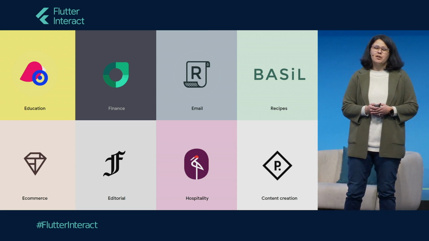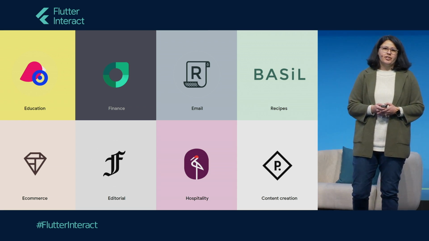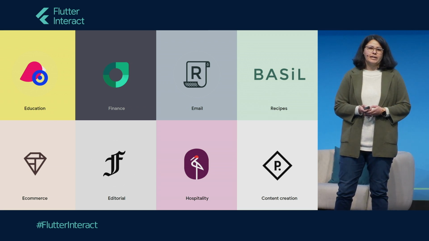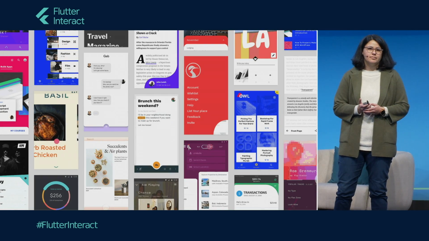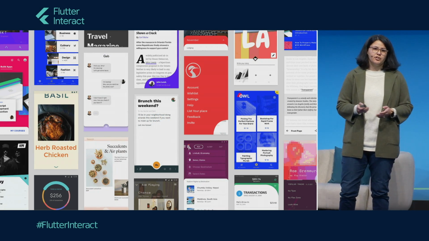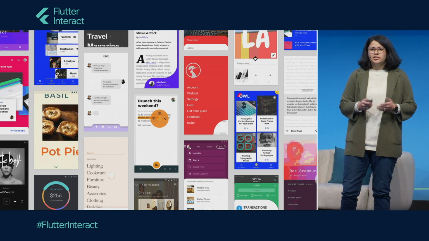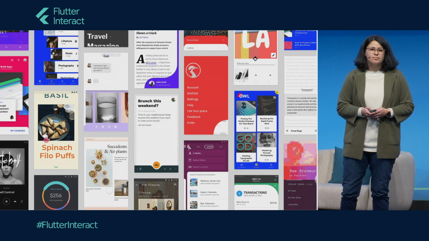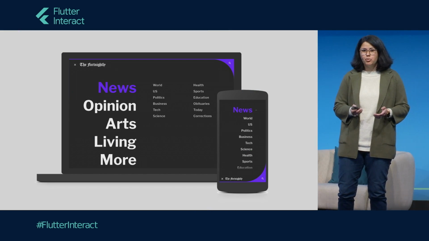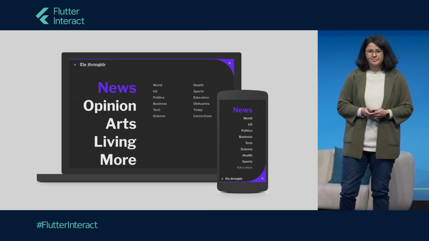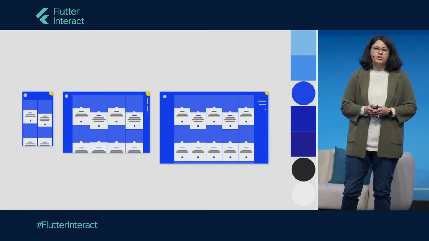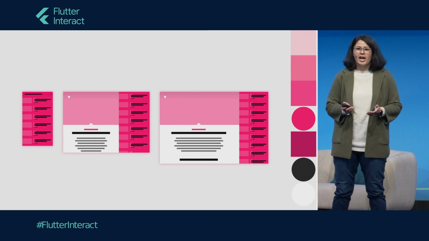So we created 8 hypothetical products, everything from editorial to finance, each with logos, brand voices, and style guides. We started with broad explorations, thinking outside of the original system. We didn't want to design within the vacuum of a sticker sheet. We explored big, bold typographic layouts, and tonal colors and unique applications across whole backgrounds of the UI.